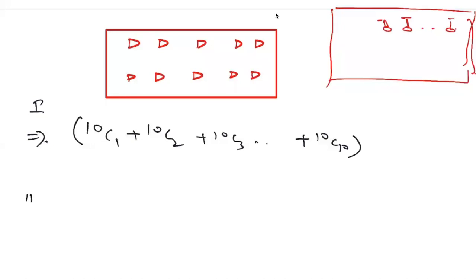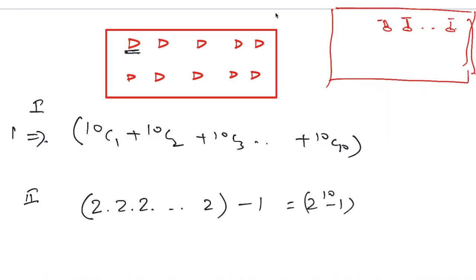Or the second way: each switch has 2 options, either on or off. So 2 options for the first, 2 for the second, 2 for the third, 2 for the 10th. But one of the options, where all the lights are switched off, is 1. So this will be 2 to the power 10 minus 1. Either you can go by the first or the second method.